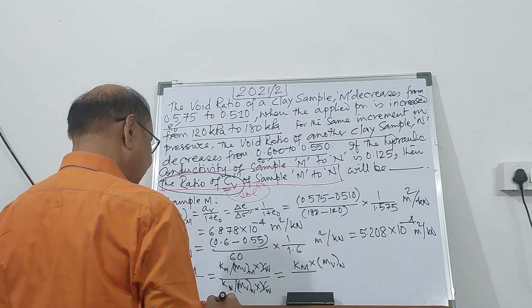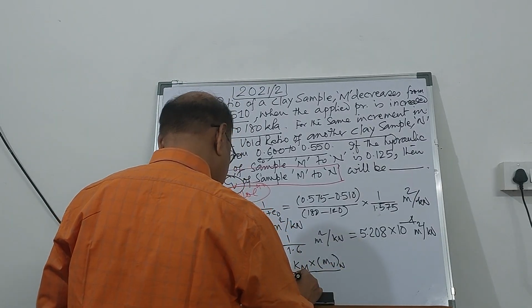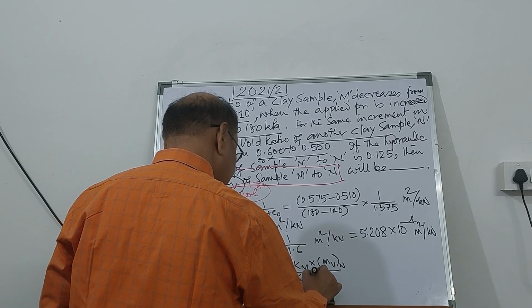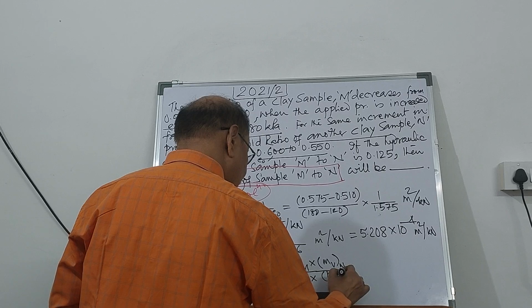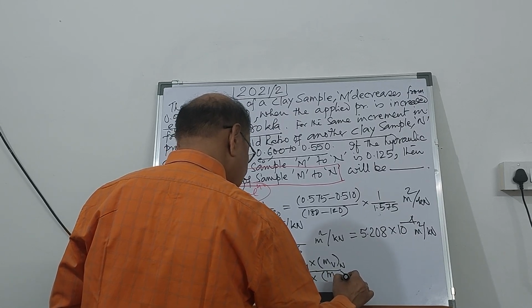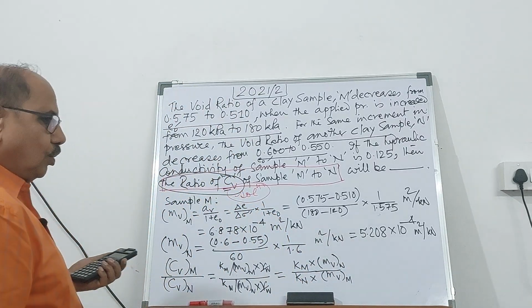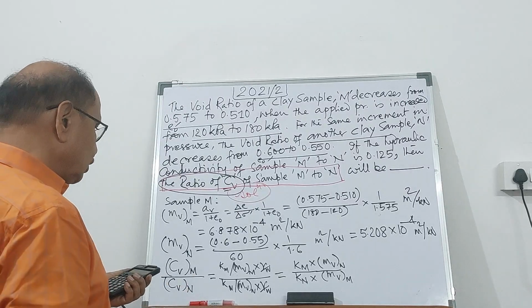So MVN, and the denominator will be the coefficient of permeability of sample N into the coefficient of volume compressibility for sample M. So very simple way you can find it out.